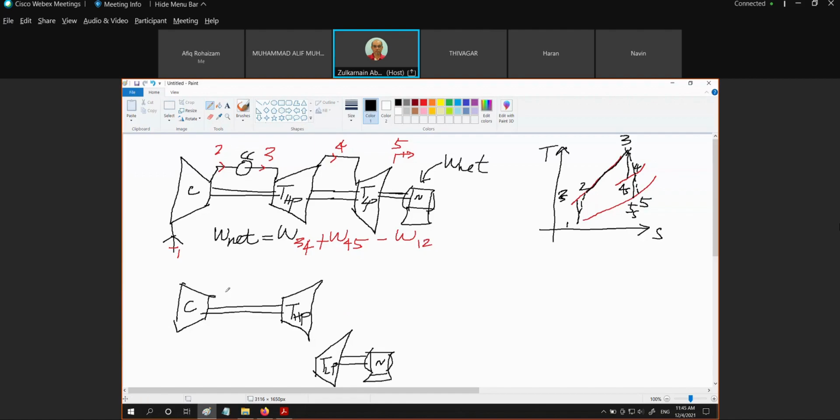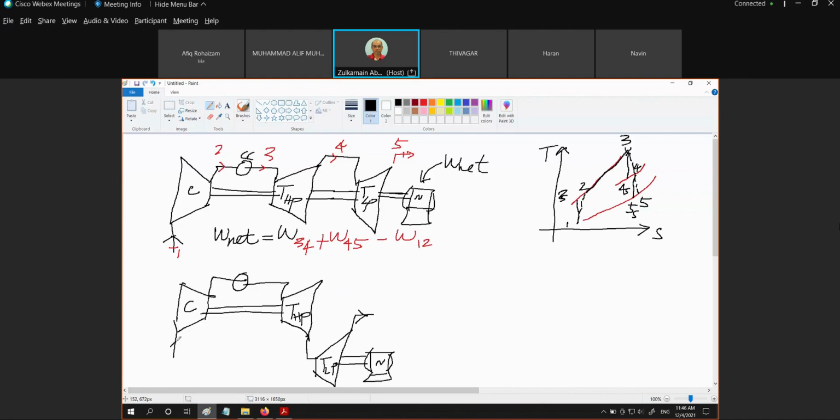Of course, we need the energy input in the combustion chamber. Then coming up from the high pressure turbine, straight into the second turbine. Then this is the exhaust.